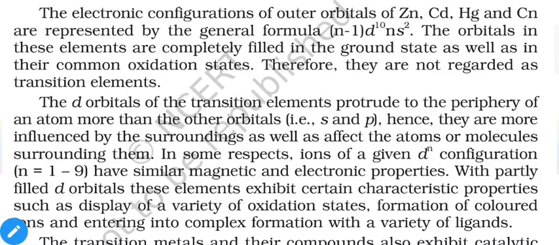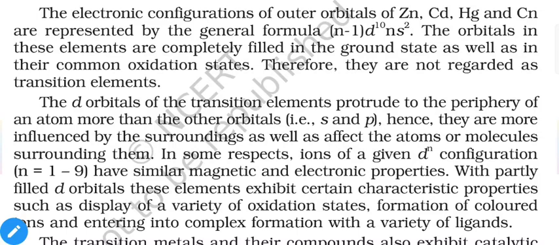That means if elements have incomplete or partially filled d orbitals, then they are d block elements, but these last elements do not have incomplete d orbitals in any of their states, either ionic or atomic. They have completely filled d orbitals. So that's why they are not regarded as transition metals, but still we will include them in our studies.